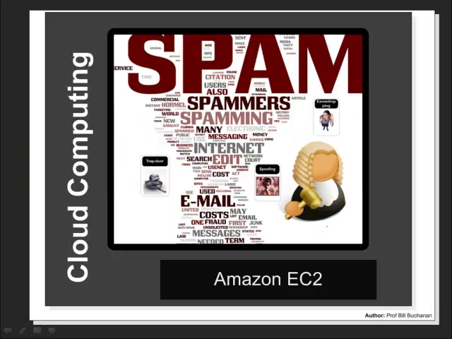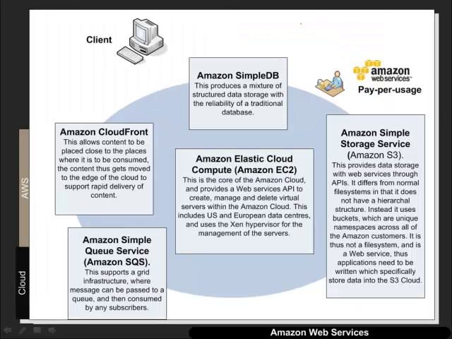So let's have a look at the Amazon Elastic Compute Cloud, or EC2. At its core is the elastic engine, or the EC2 cloud. It uses the Xen hypervisor for its virtualization and includes two main data centers in the US and one in Ireland.